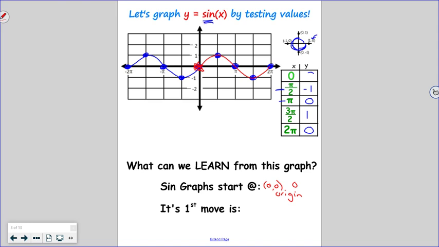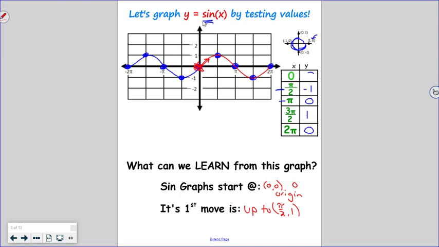From here, we went to this dot next, right? That was our next move. However you want to non-mathematically describe that for yourself, to kind of remind yourself of the first movement. Because once we get that first move made, then we just follow our pattern.